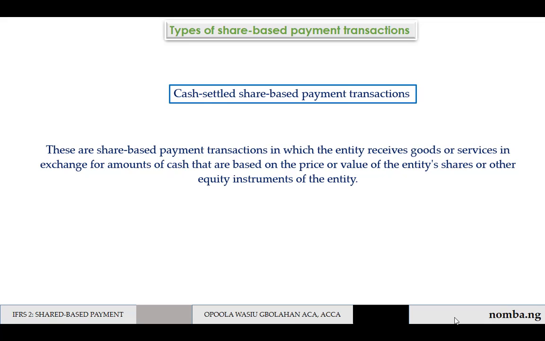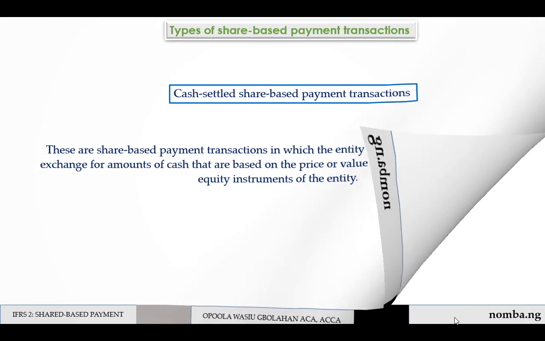Now they receive cash, but this cash is based on the entity's share price. We'll explain that in detail very soon.